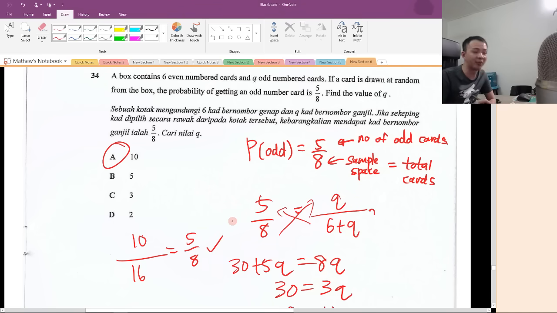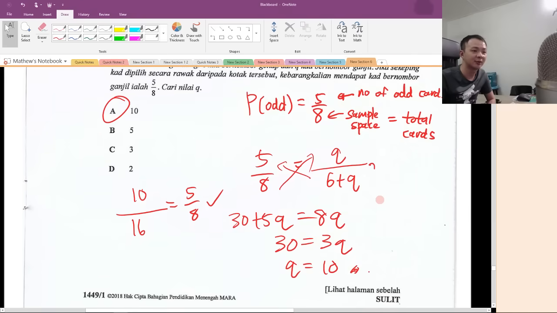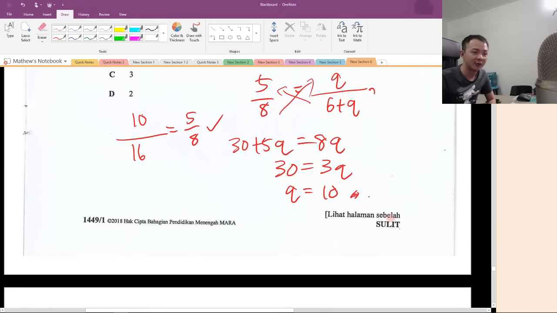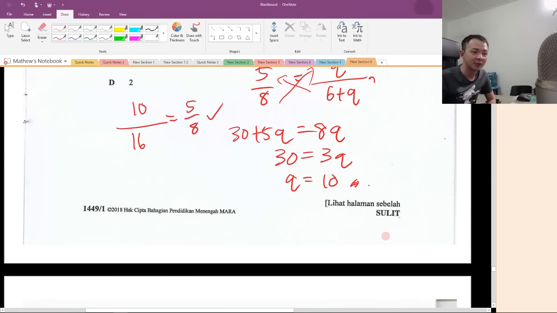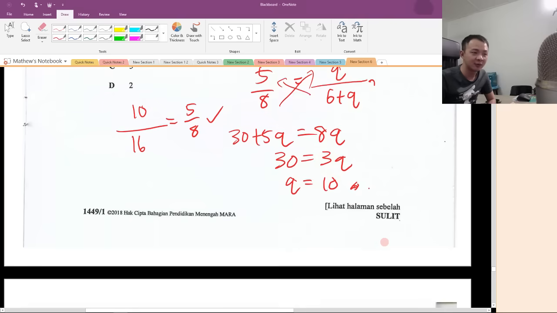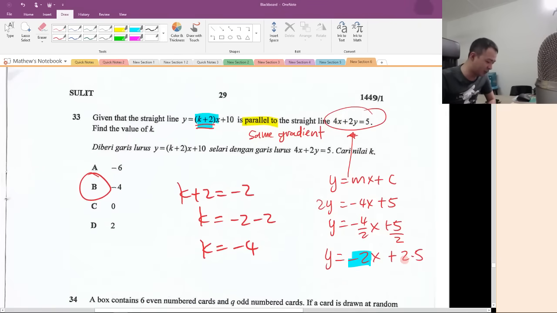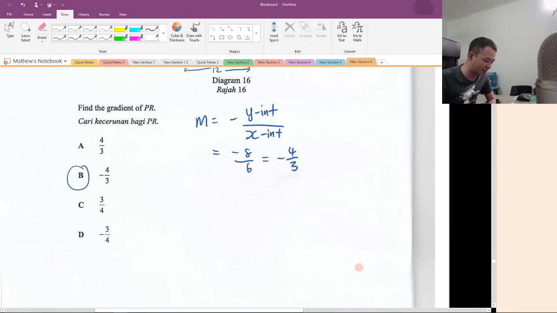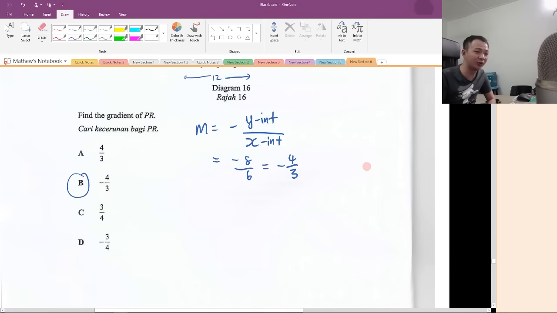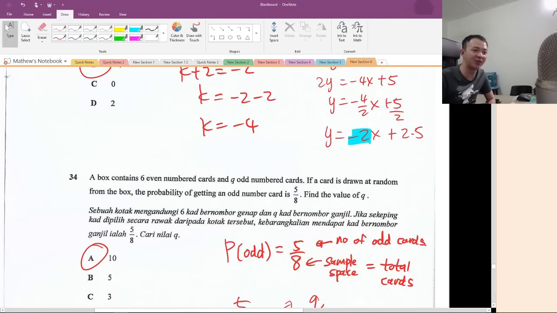So 5 over 8 is the probability of an odd number. You can always double check it. You can also use another formula, the normal formula, and you still get the same result.